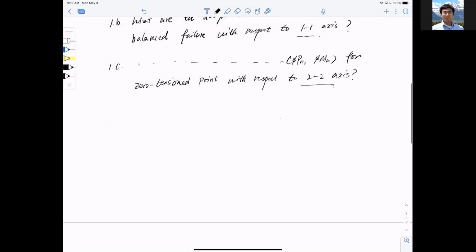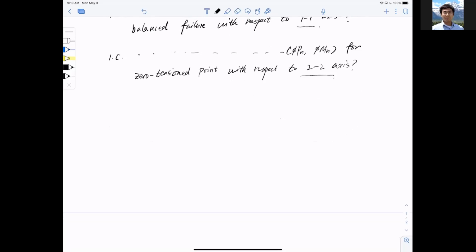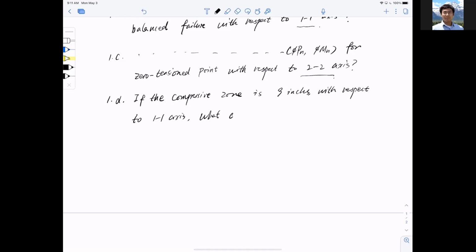Now one more thing here, 1D. If the compressive zone is 9 inches, and this is with respect to the strong axis, 1 axis, what are the phi Pn, phi Mn?